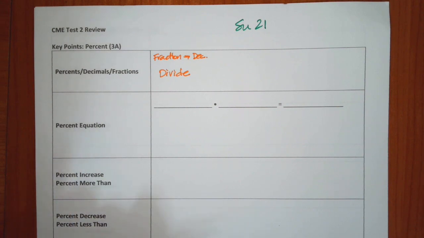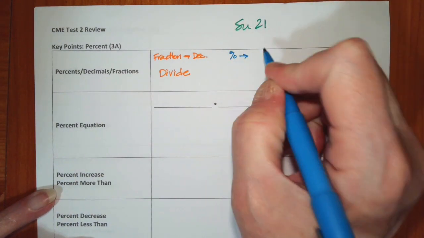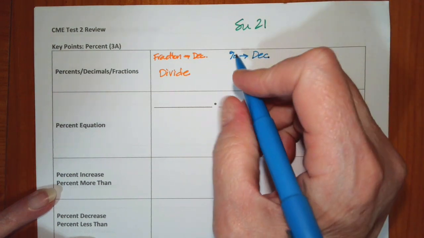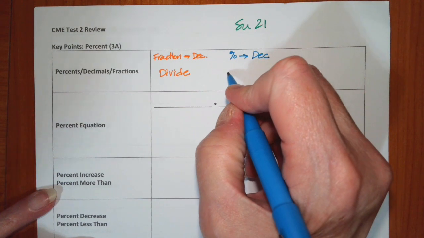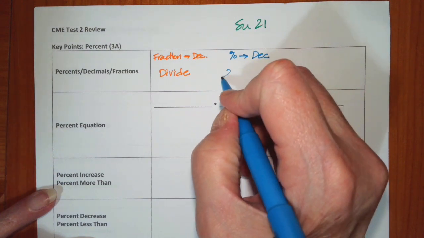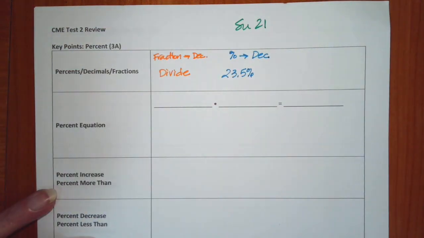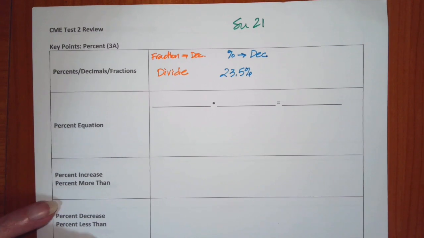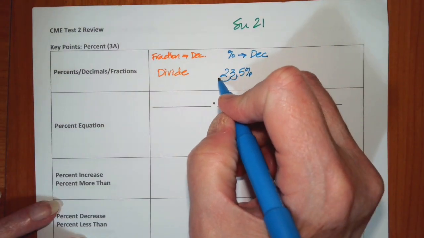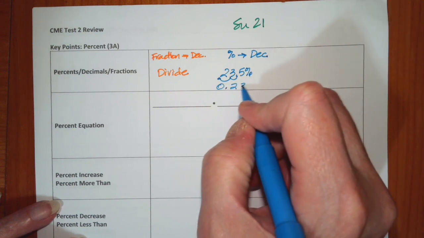Okay, if I want to go from a percent to a decimal, let's say I start with 23.5%. Then to get to a decimal, I'm going to move this 2 places to the left, and that becomes 0.235.